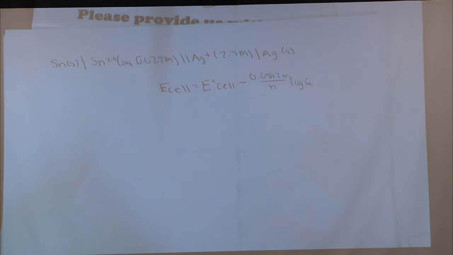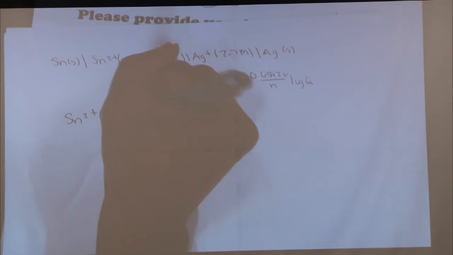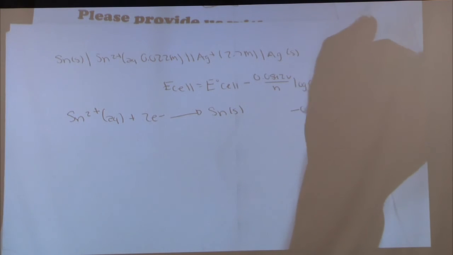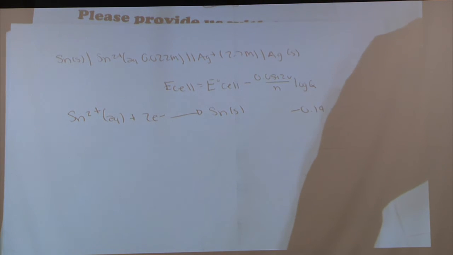So we're going to need the half reactions for this one. You're going to look on your table of values, and we're looking for the Sn2+. So you have Sn2+ aqueous plus 2 electrons yields Sn solid, and that's negative 0.14 volts.